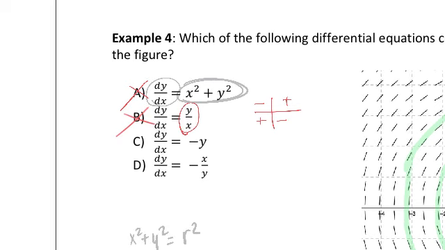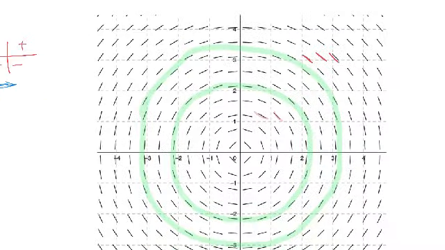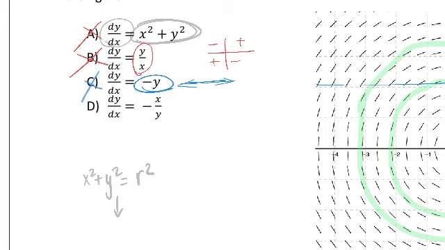C here would be where the differential equation doesn't depend on x. So that means when you move left, right, then you should have exactly the same slopes. But here, say I pick a certain y value like 2 and I'm moving across, my slopes are changing, so it couldn't be this one. So it looks like this better be our answer.